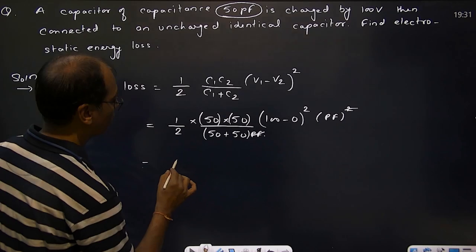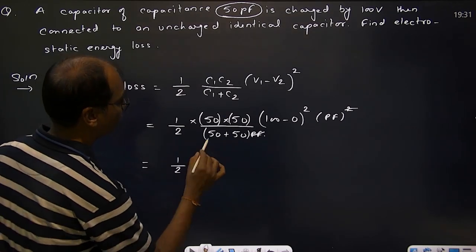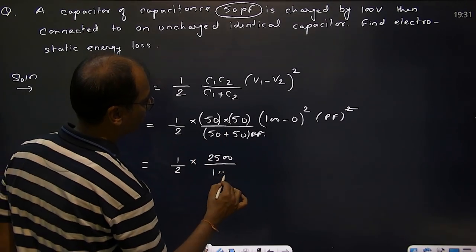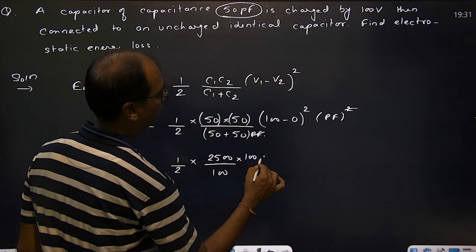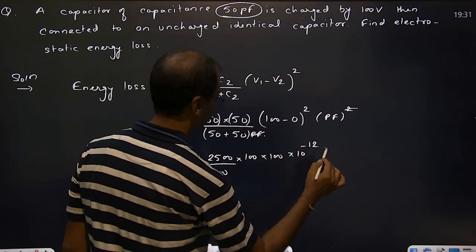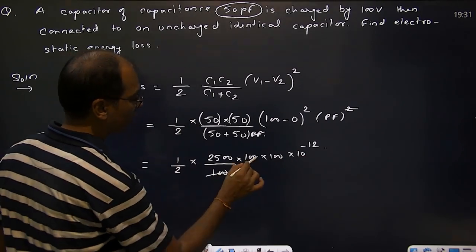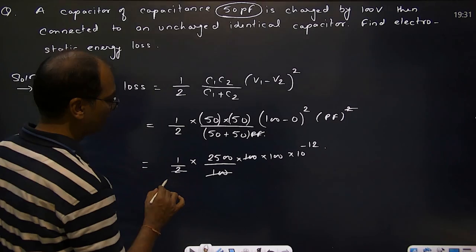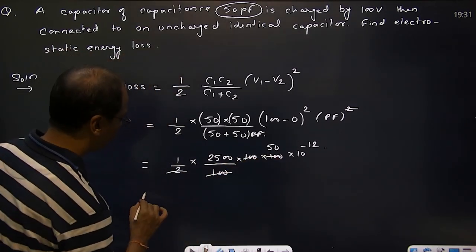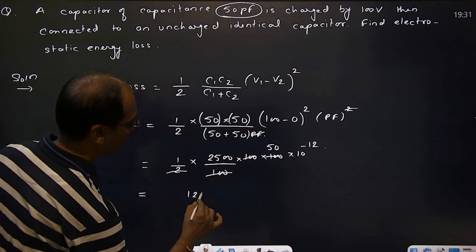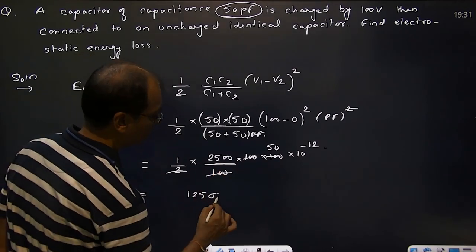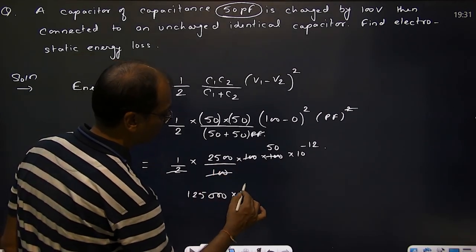So what will happen now? 1 by 2, 50 into 50 means 2500 by 100 into 100 into 100 into 10 to the power minus 12. So 100 and 100 get cancelled. With this 2, this goes 50. 25 into 5, that means 125. 25 into 5 is 125, then 3 zeros, into 10 to the power minus 12.